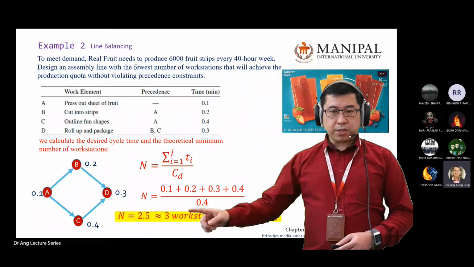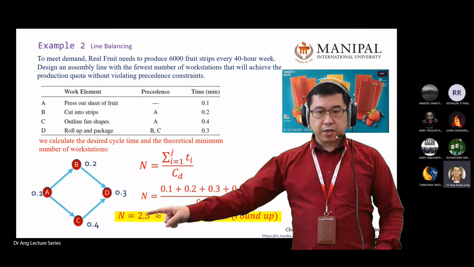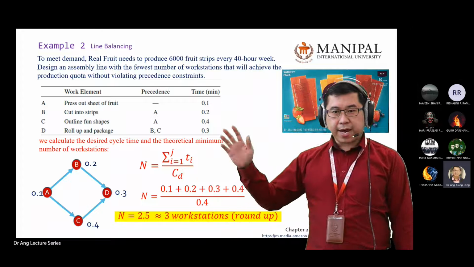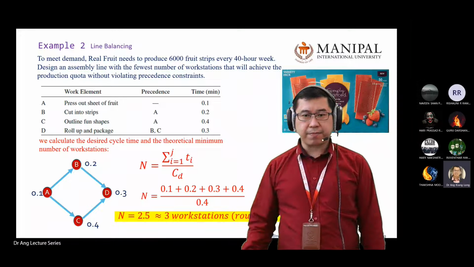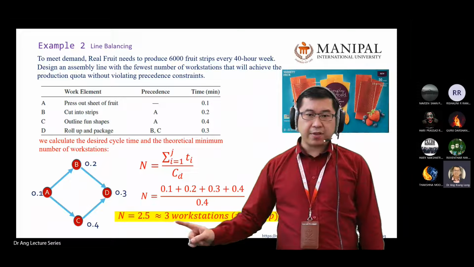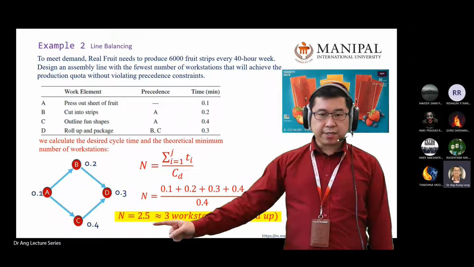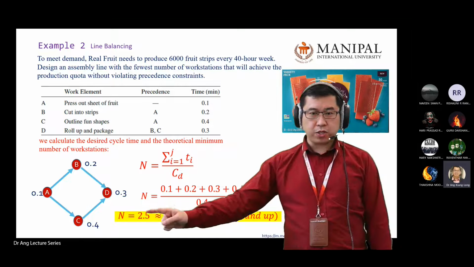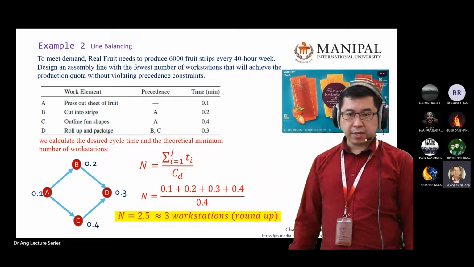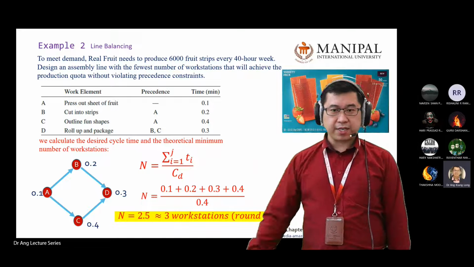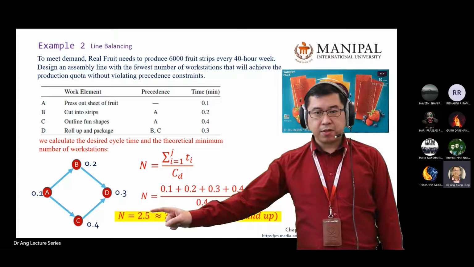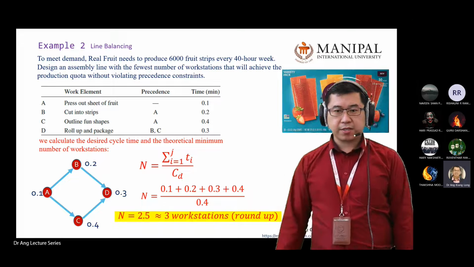Okay. Once you find your N, let's say in this case it is 2.5, take the next highest round number. You get 2.5, it is 3. Let's say you get 2.1 or 2.001, you still take 3, because this is the minimum workstation that you need.